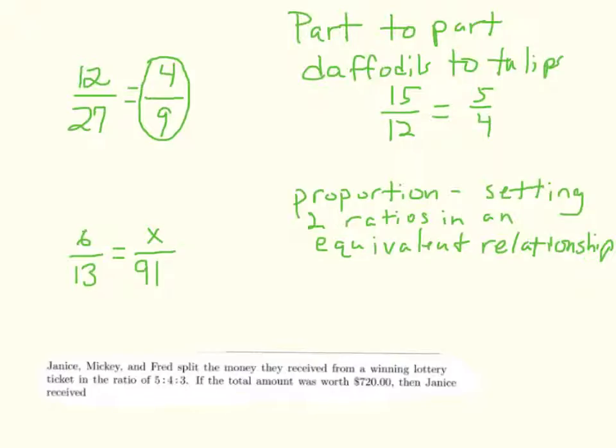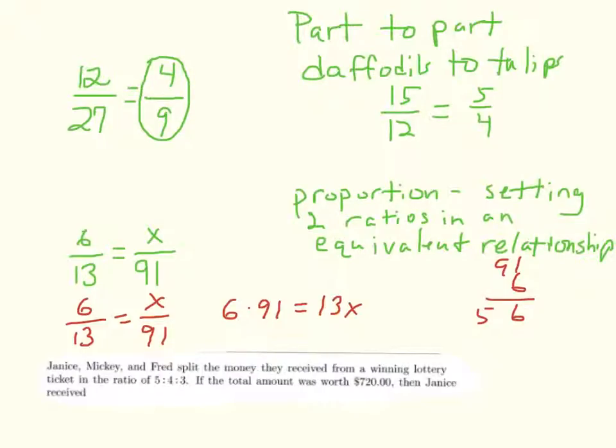You can solve proportions either by cross multiplying. For example, I can go 6 times, let me just write it right here. So I can say 6 times 91 equals 13x, and then I need to do what 6 times 91 is over here. So that's 546.